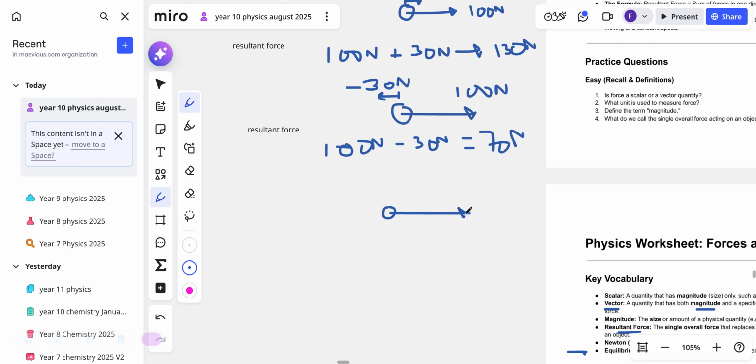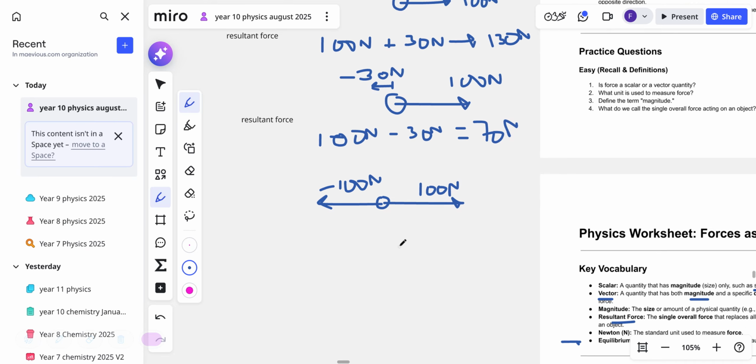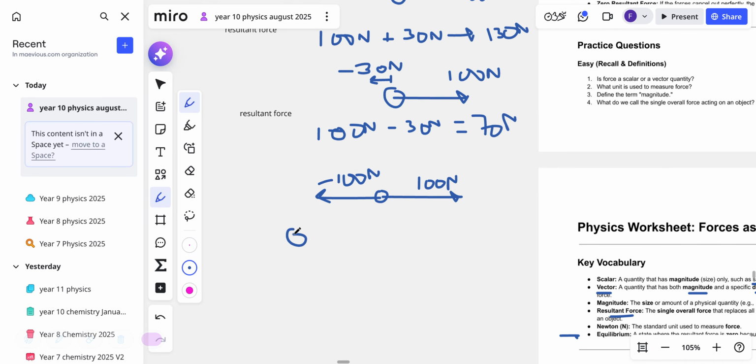Now, if I was pulling forward at 100 newtons, and that little monkey gets older, and he's pulling in the opposite direction at 100 newtons, and let's call it minus 100 newtons, the resultant force is 0 newtons. 100 minus 100 is 0. The easy answer to this is we're not moving.